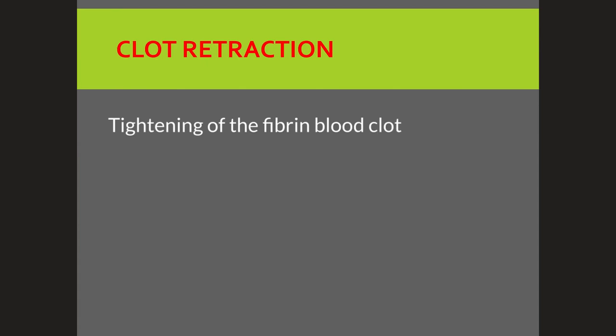As this clot contracts and pulls together tightly, fibrin attached to the vessel walls is going to also pull the vessel walls closer and closer together. This decreases further damage. This is going to hold everything in place, keep that vessel tight, and allow other cells to repair the damage that has happened underneath.